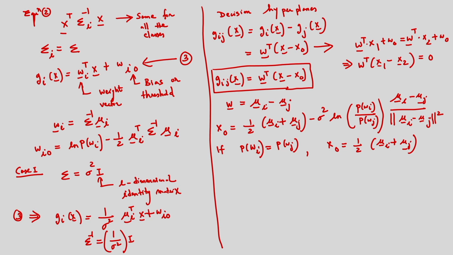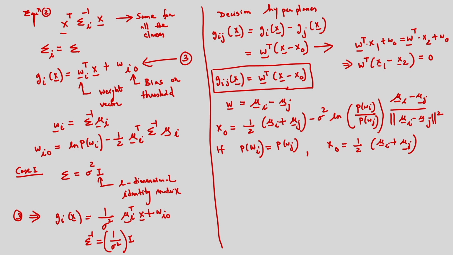So if the probability of class Wi is equal to the probability of the other class Wj, and I is not equal to j, then x naught is equal to 1 by 2 mu I plus mu j. So the hyperplane will pass through the mean of mu I and mu j.